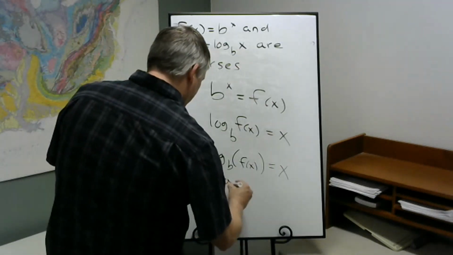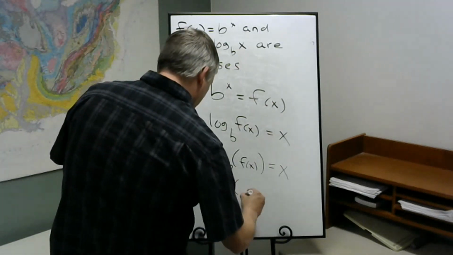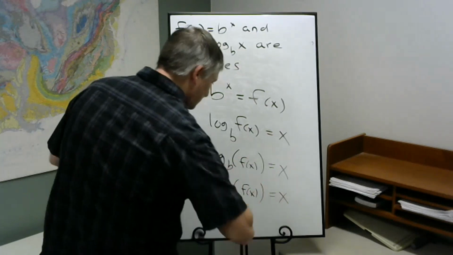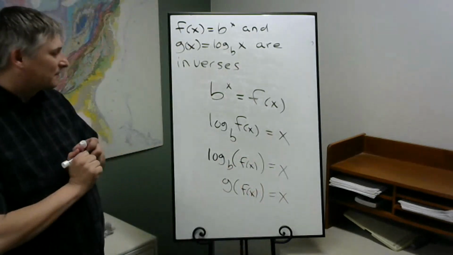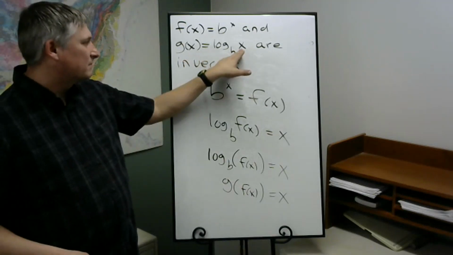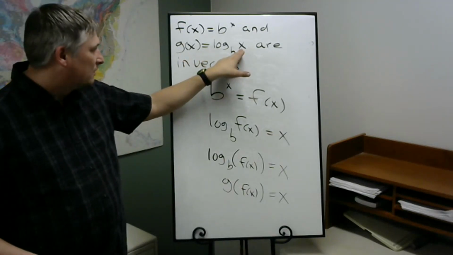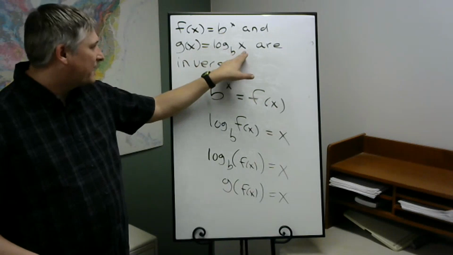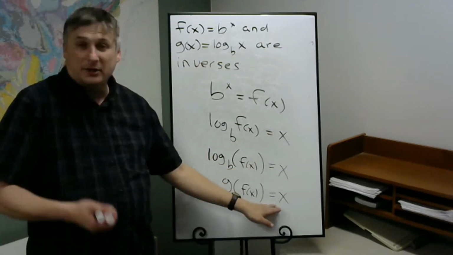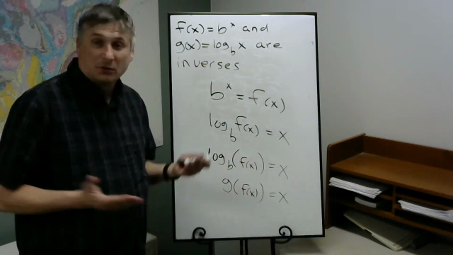So we really have g of f of x is equal to x. Because we replace x with f of x and replace this x with f of x, well, log base b of f of x, that's what we've got here. So you have g of f of x, and it's still equal to x. So far, so done.